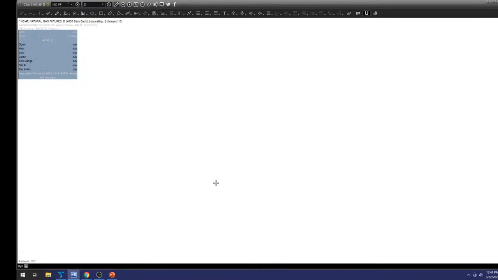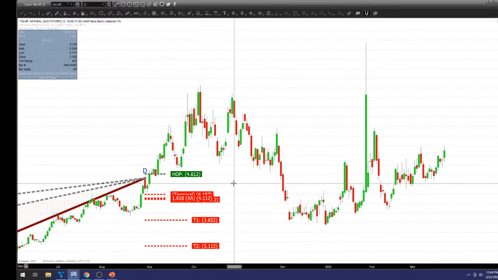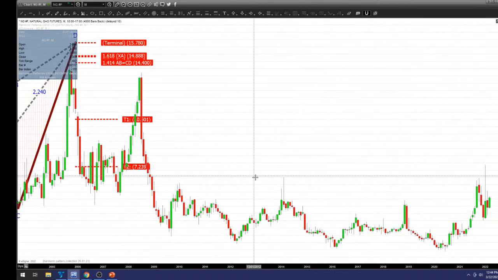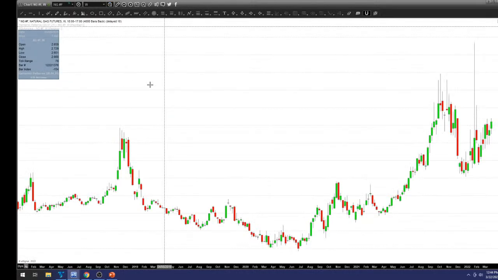There it is. Nat gas spot. Still going higher. I don't have any problem with that. It's more about the monthly or weekly chart depending on what contract you're in. There we go.